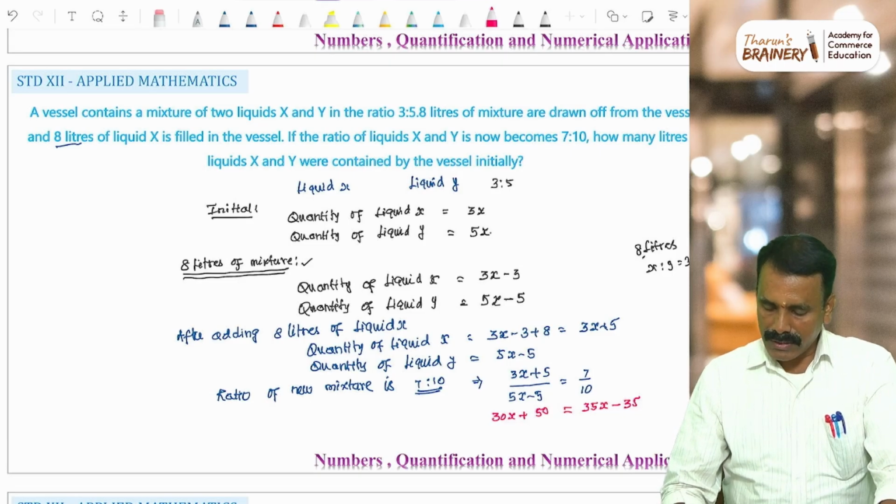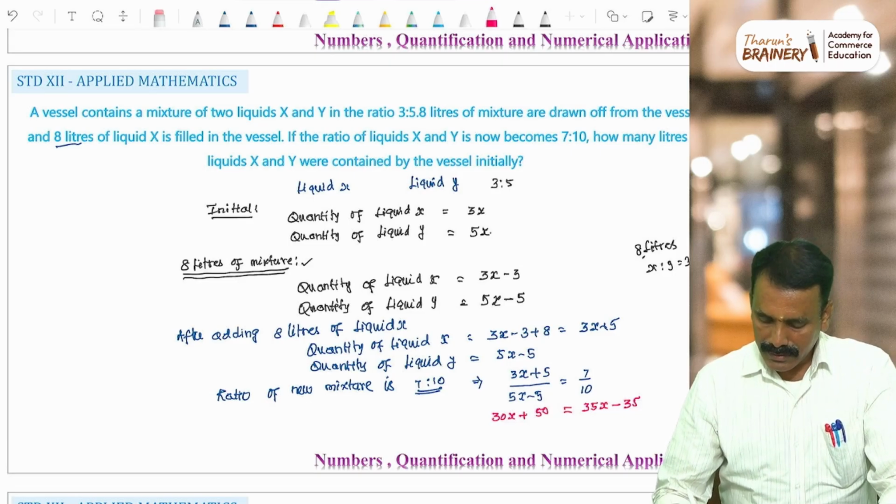We bring like terms to one side, so we get 30x minus 35x is equal to minus 35 minus 50. So when you simplify this expression, we get minus 5x is equal to minus 85. When you solve this, the answer is going to be x is equal to 85 divided by 5. It's nothing but 17.